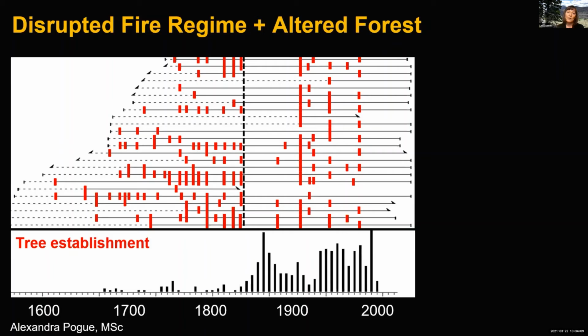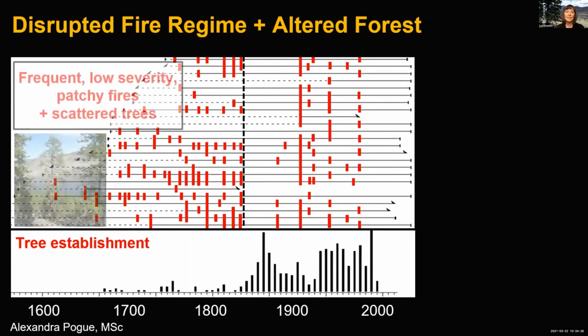In absence of fire, in that gap between the 1860s and the early 1900s, there's a large pulse of trees that established. There's a little bit of a dip after that widespread fire and the drought of the 1930s. And then we've had continuous ingress and survival of trees over the 20th century.